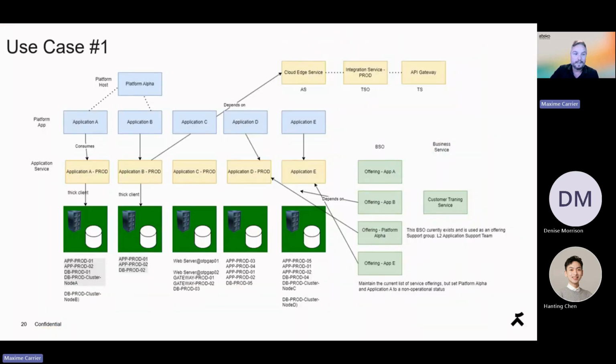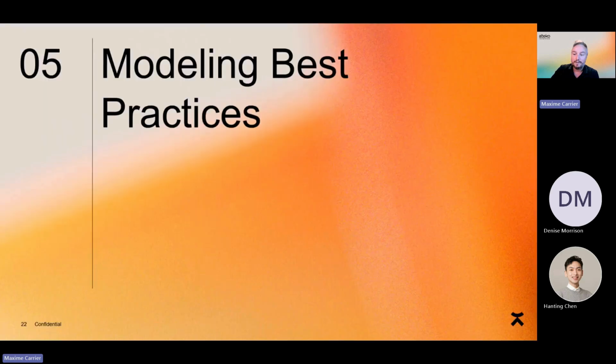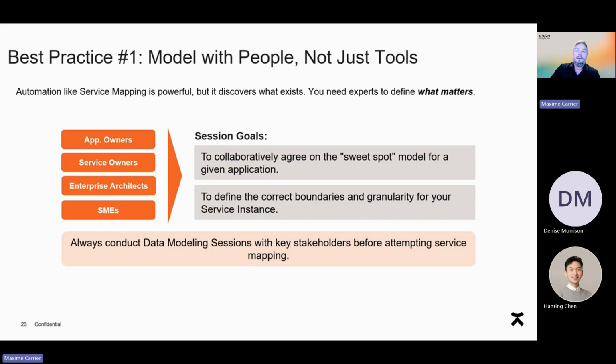The blue is your business apps, the yellow is your service instance, and the green is everything under service consumption, so your business services and business service offerings. And then we go through all the questions that we looked at a few slides ago. Do you consume in ITSM? Do you have different application stacks? And then as a group, we agree on the sweet spot for your service instances and your BSOs and business services.